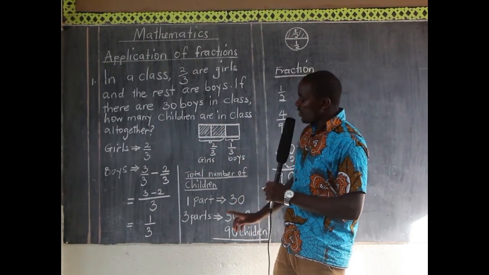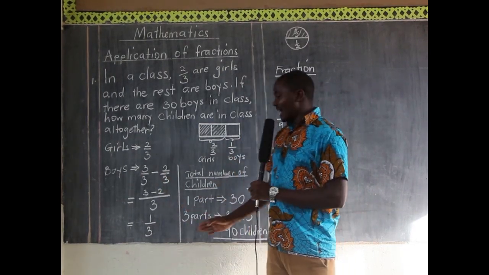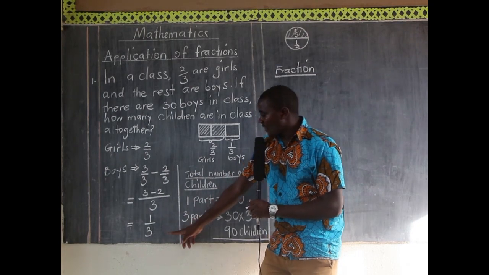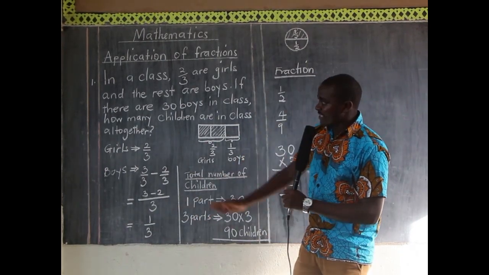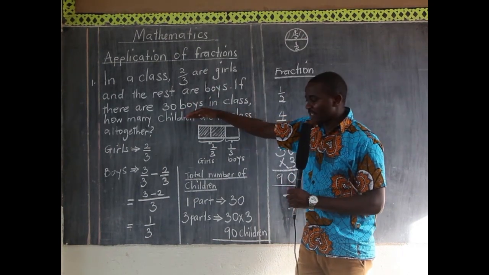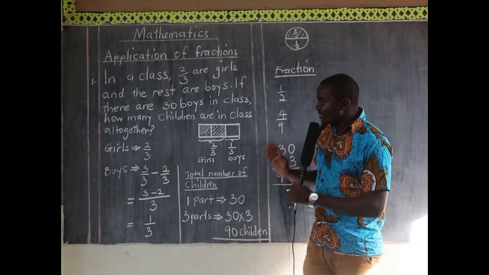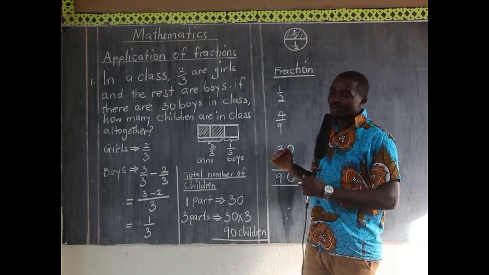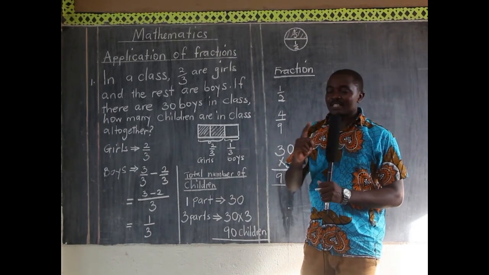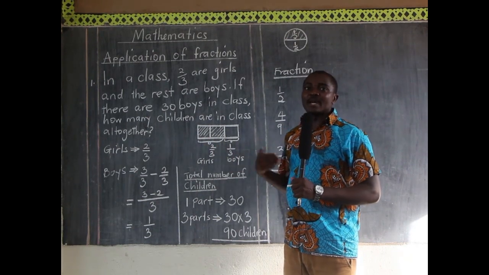And that is the reason why we had to look for the fraction representing the number of boys. After getting it as 1 out of 3, we are saying that this one part represents the 30 boys. What about the 3 parts? The 3 parts will represent the total number of children in the class. As you are working out fractions, you think about that: which parts represent the given quantity, the given number in the question?